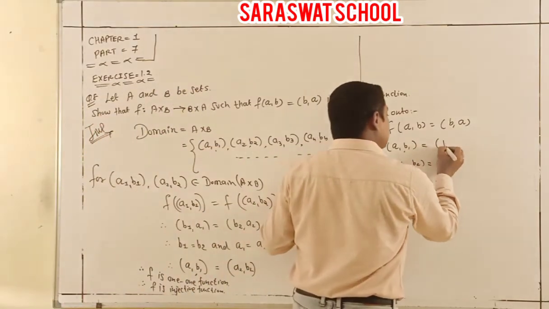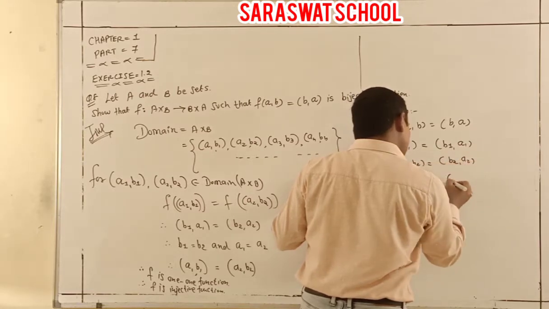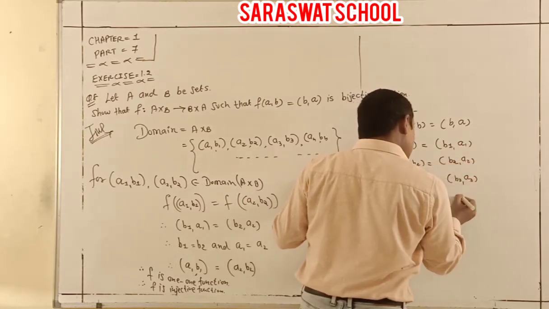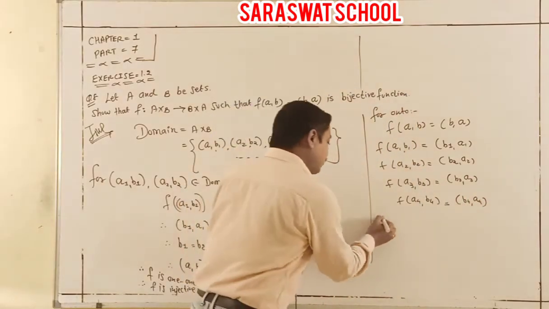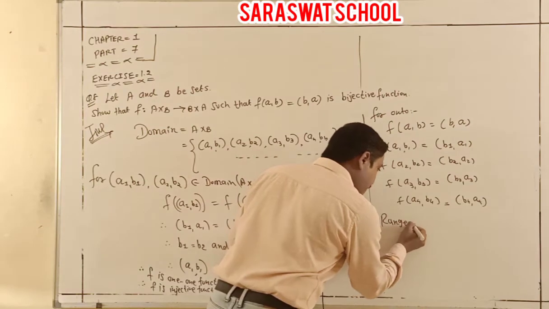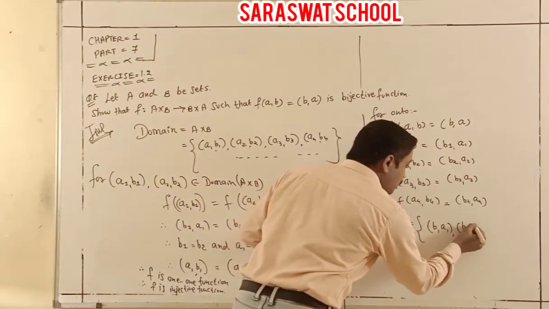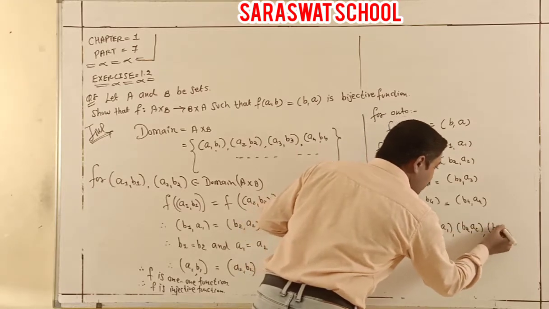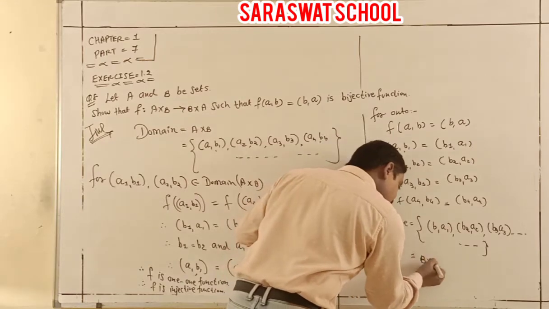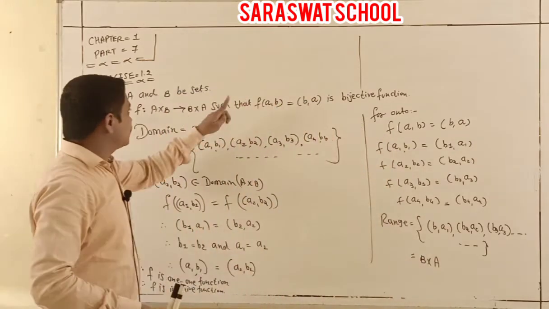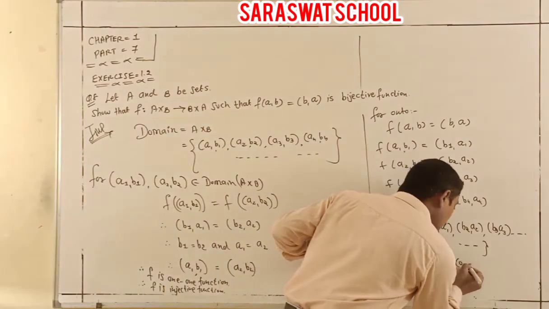So here, (B1, A1), (B2, A2), (B3, A3), (B4, A4), and that type of range is definitely, we can say, (B1, A1) comma (B2, A2) comma (B3, A3) comma and so on, many numbers, and that is called what? B cross A. Check, that's your codomain checking. Yes, it is your codomain.